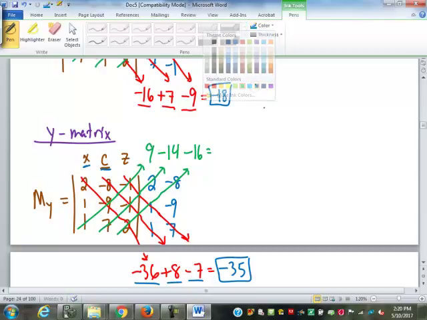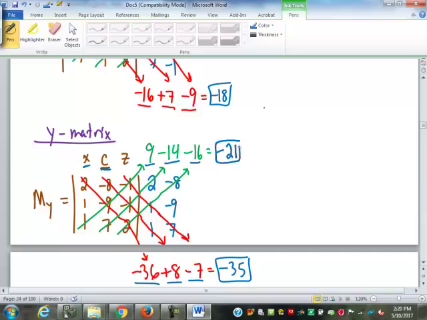So then we add up. 9 minus 14 minus 16. Negative 21. Beautiful. So now we've got the downs, negative 35, minus the ups of negative 21. Negative 14. Good.